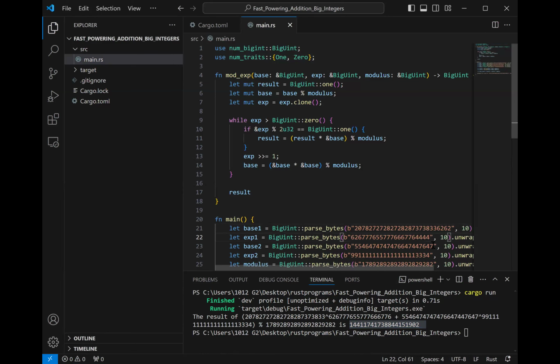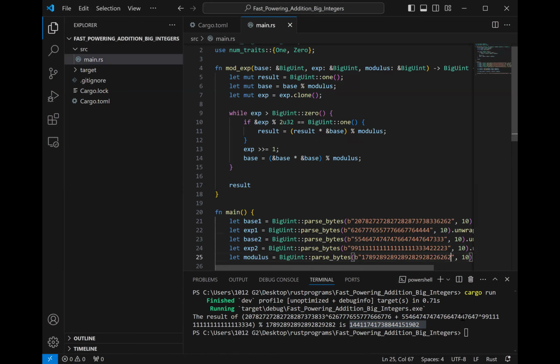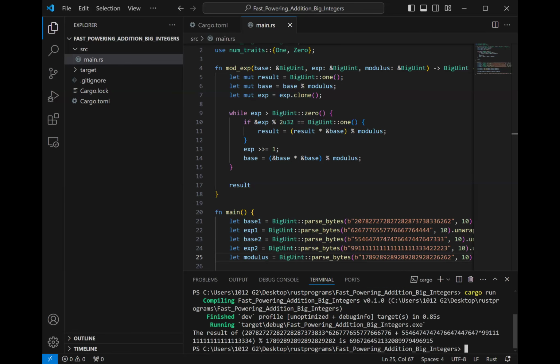So we don't want to wait until it's finished running. We just want to give it smaller numbers that it will run very fast. Okay, and again, it has given us a result for that. So if you want to use bigger numbers, this is what you do.